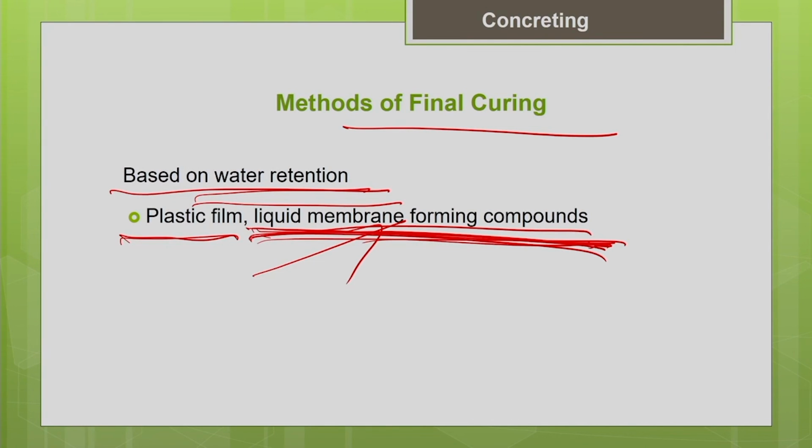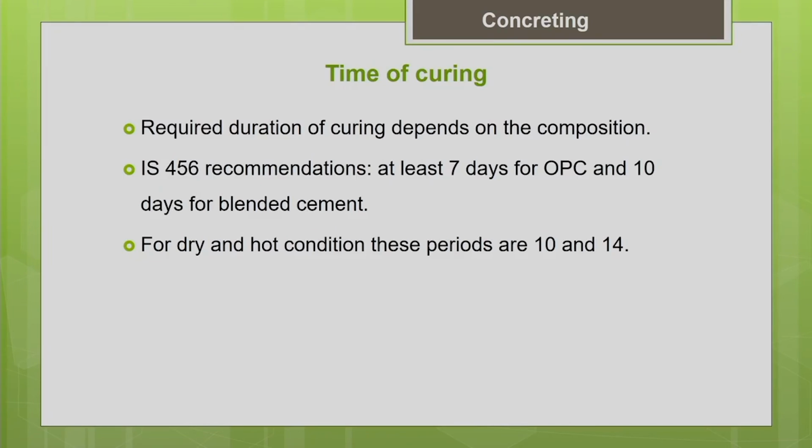So, how much time are you supposed to do the curing operation? Obviously there is always some time constraint at project sites. Doing curing for a very extended duration is very difficult or challenging at construction project sites.